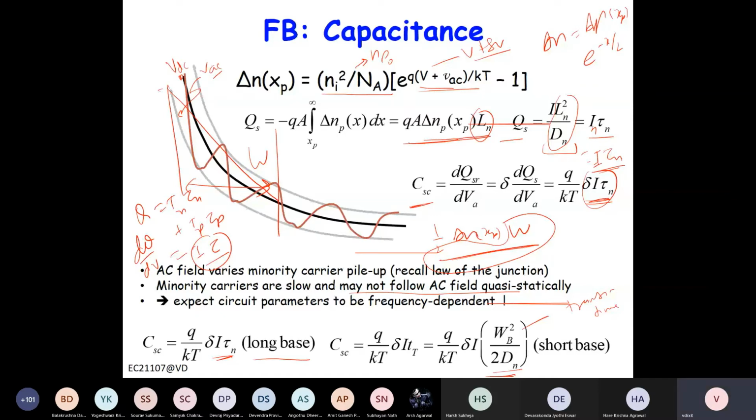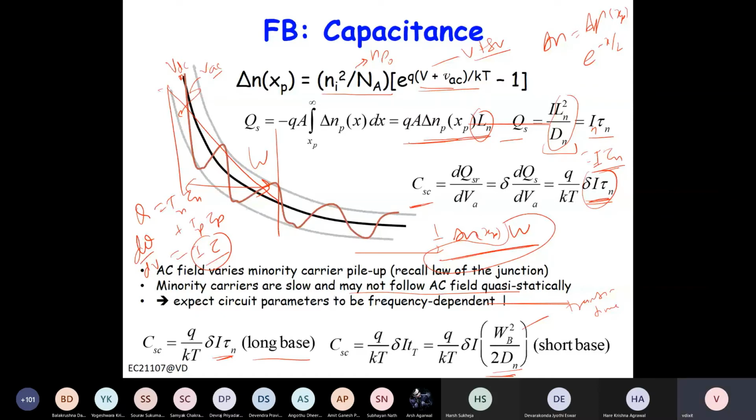So in that case, the parameters will basically be dependent on the frequency. Unlike the majority carriers in reverse bias, where these carriers could respond very fast, so parameters were sort of independent of the frequency.